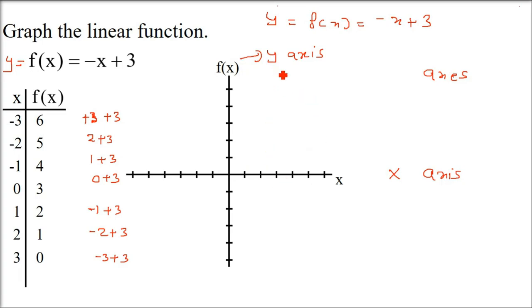So here we'll mark the x coordinate, and on the vertical one we mark the y, and take the intersection. See, 1, 2, 3, 4, 5, 6, -1, -2, -3, -4, -5, -6. Here also you have 1, 2, 3, 4, 5, and -1, -2, -3, -4, -5.